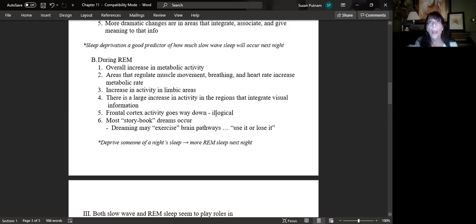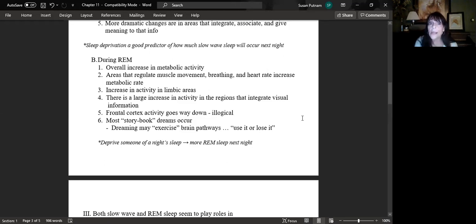Remember that there are motor neurons that are responsible for inhibiting movement as well. So just to make sure that's not too confusing. Increase in activity in limbic areas. Remember that the structures associated with your limbic area have to do with emotions. They're emotional centers. So that activity is increasing during REM sleep.